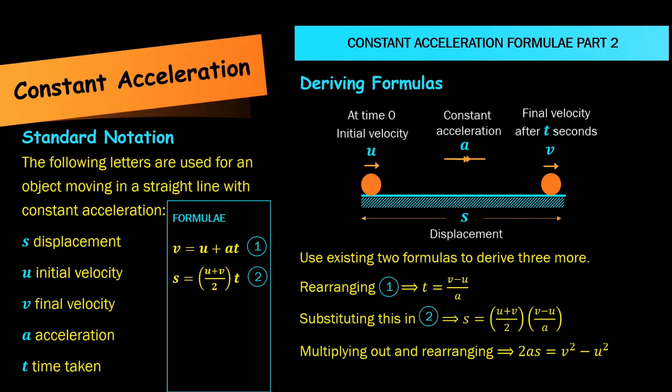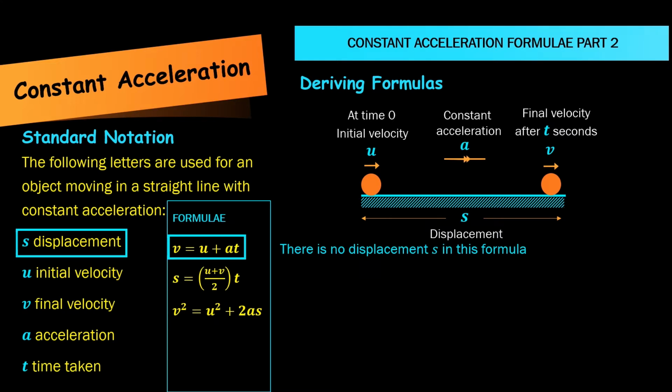And when we multiply out and rearrange, we obtain 2as equals v squared minus u squared. This is more commonly written as v squared equals u squared plus 2as. So this is our third formula.